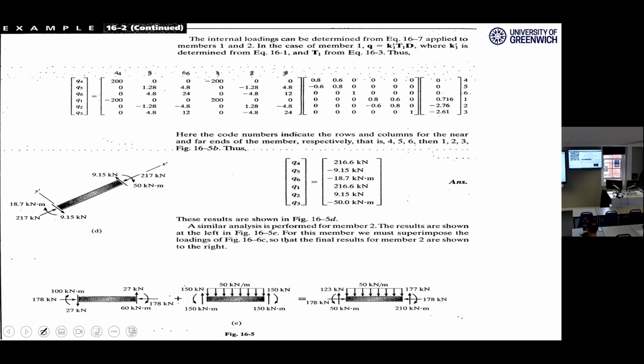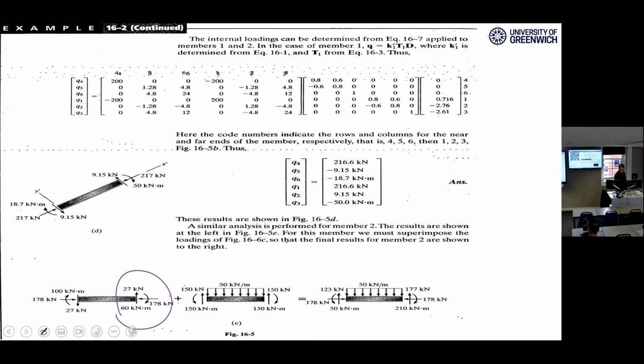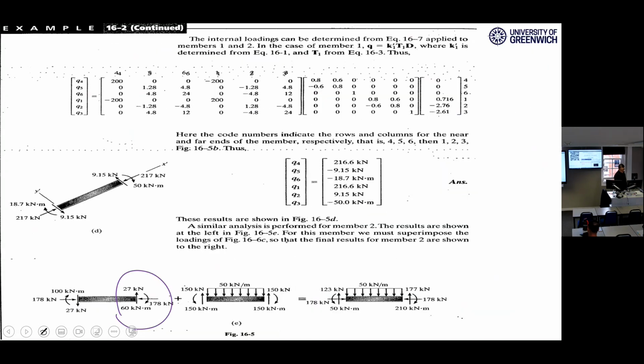It's rounded here. These 3 are those 179, 59. I think these 3 are in there. 27. Yes. 59.9 is 60. 100. 78. Yeah, it's a little bit different, but it's just from rounding.